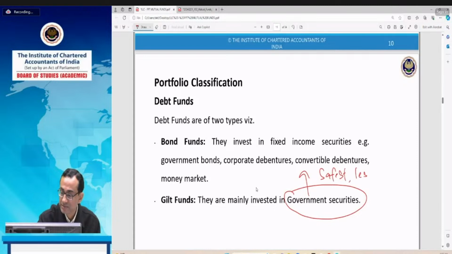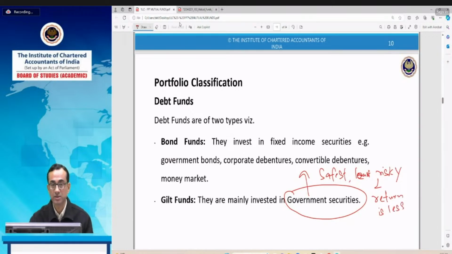Therefore, these are actually the least risky. And if risk is less, then return will also be less. So return is less in case of government securities.